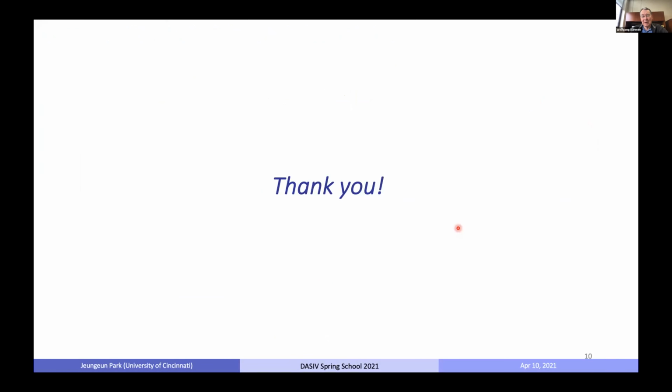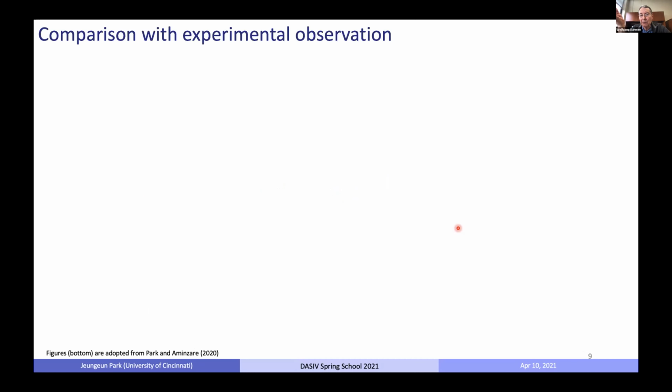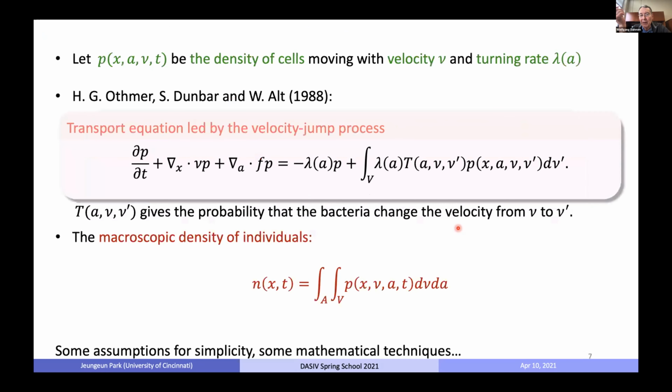Interesting, but maybe at some point I lost you. I didn't quite understand. The model you described was a transport equation coupled with a global operator that represents the probability of tumbling.